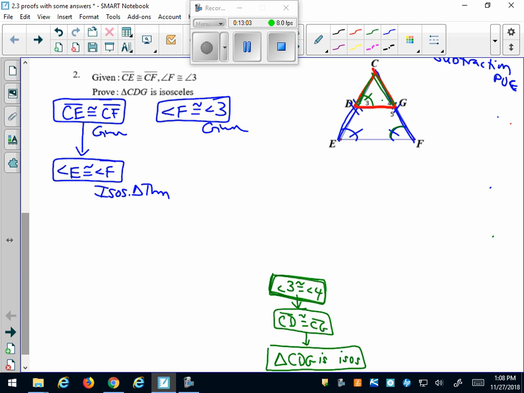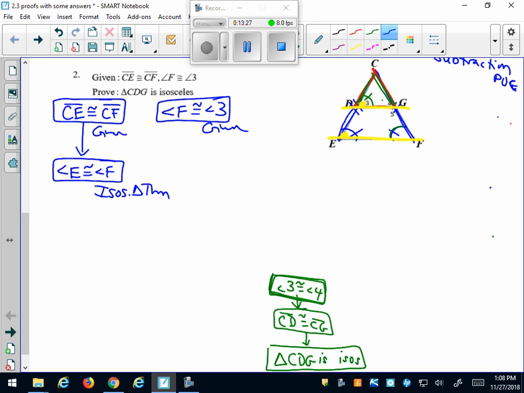So could we get DG and EF parallel? How? Good. Angle E and angle 3 are congruent. And they're corresponding, which makes DG parallel to EF.